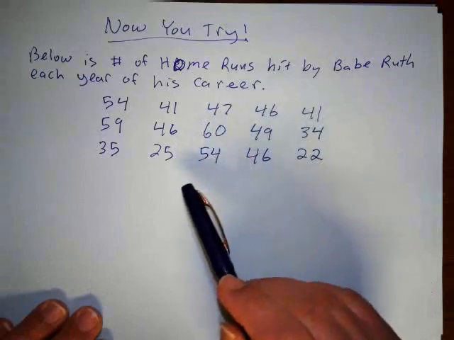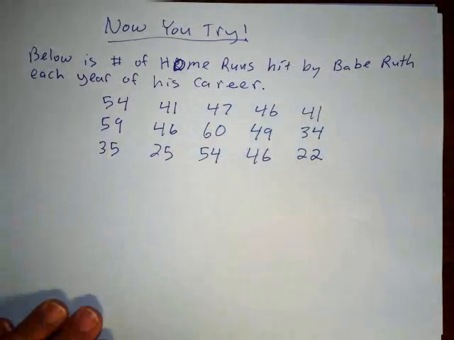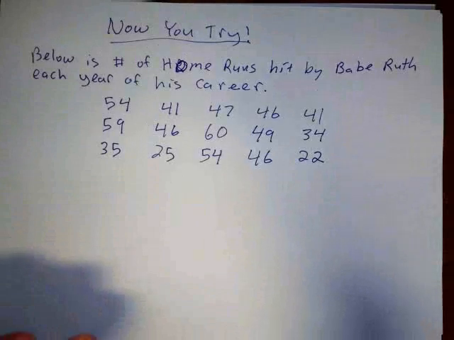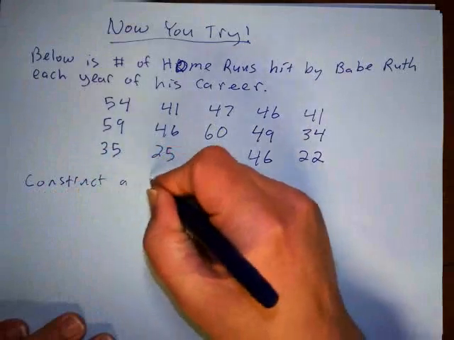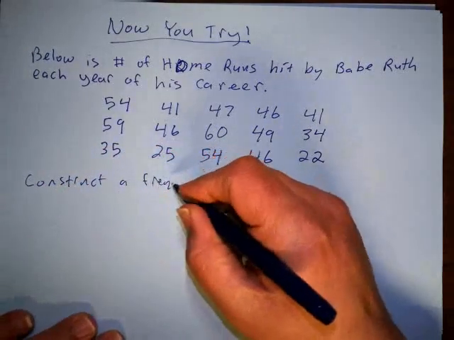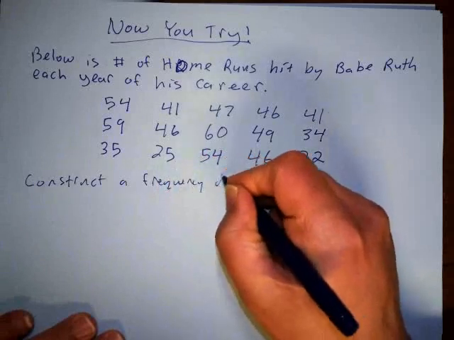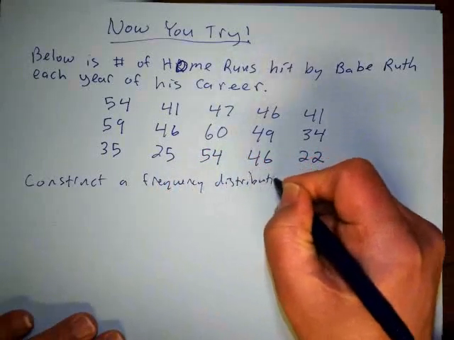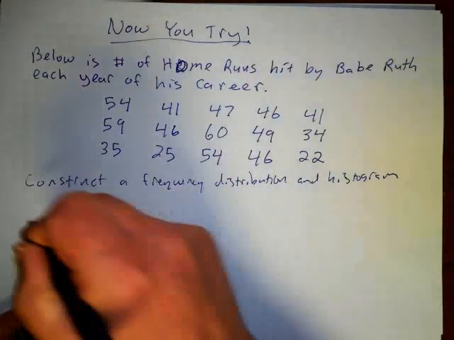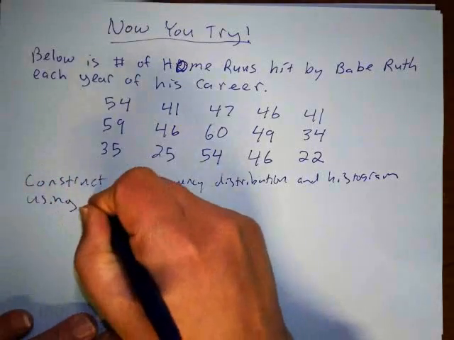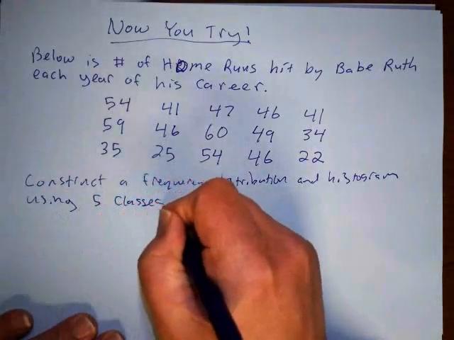Since then, people have beaten that, but at the time that was the record. So what I'm going to have you do is construct a frequency distribution and histogram using, we'll say, 5 classes.